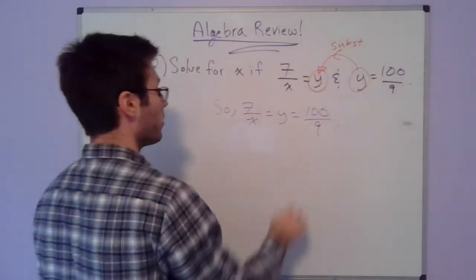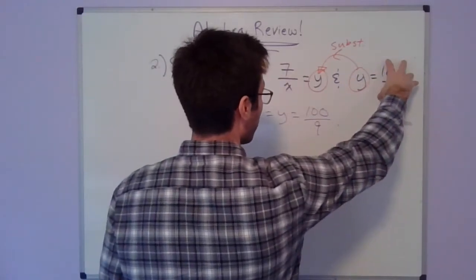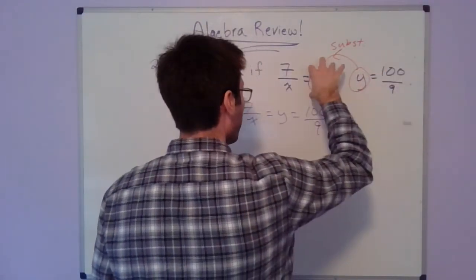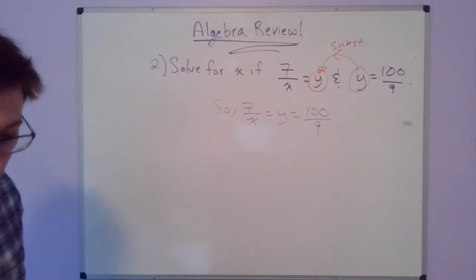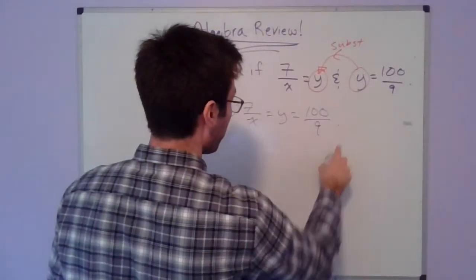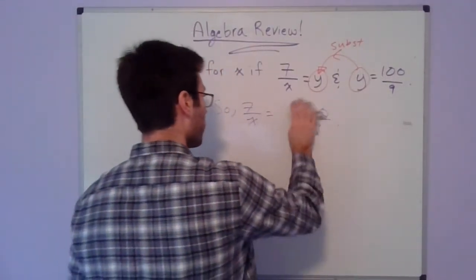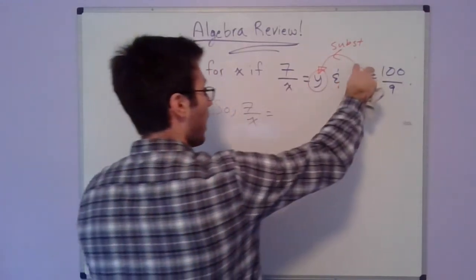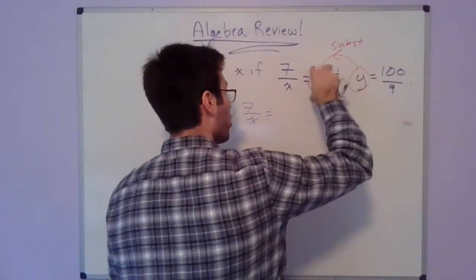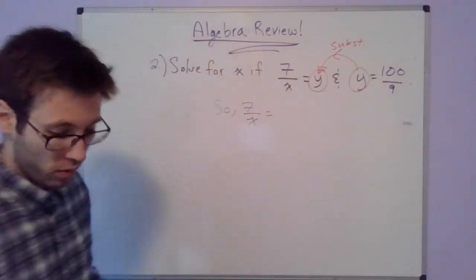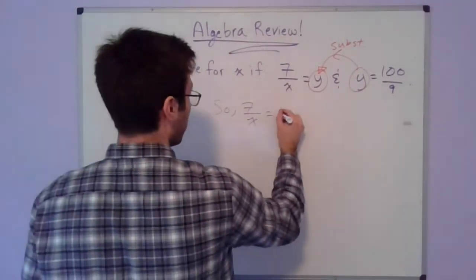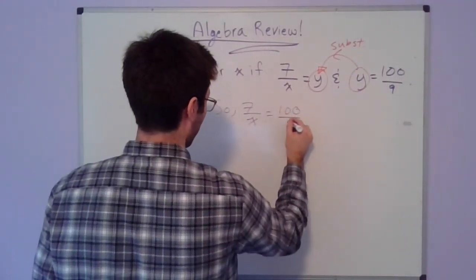I am going to replace that object, that 100 divided by 9, right there. So instead of combining everything together and worrying about what the y is, when you take that value, that 100 over 9, you are replacing y with it. You are replacing it.